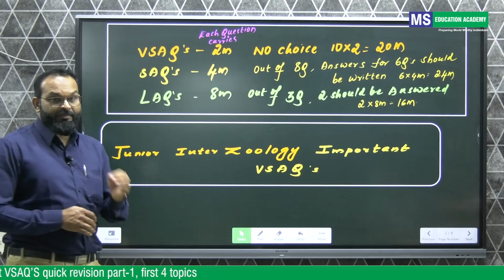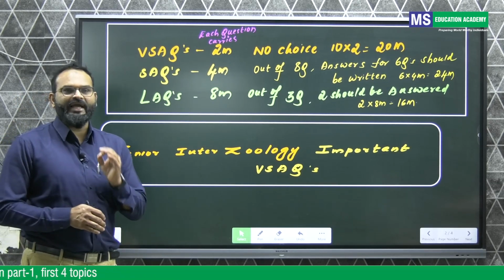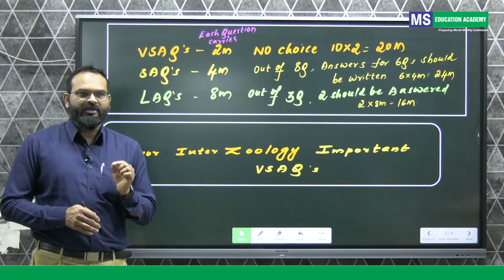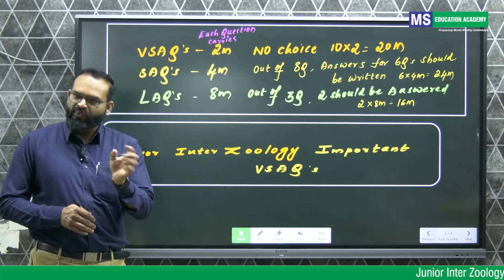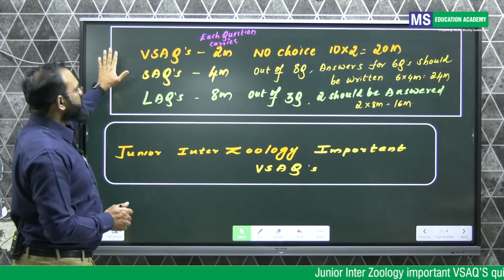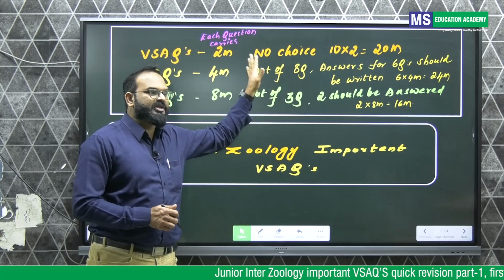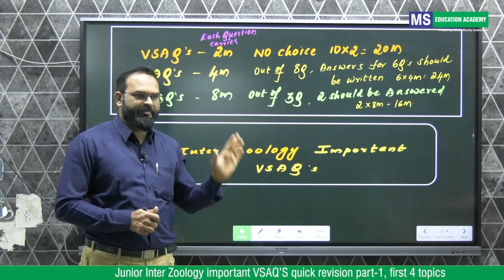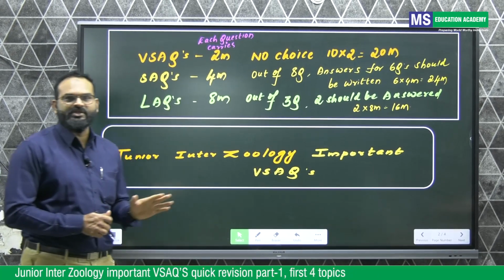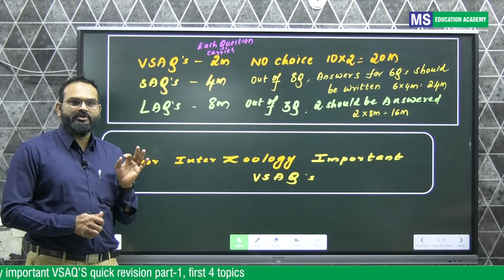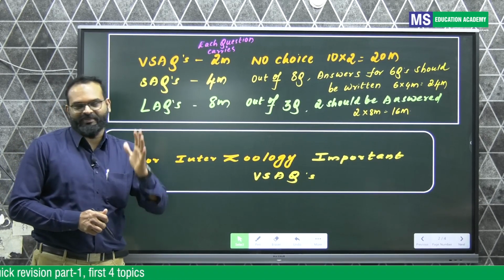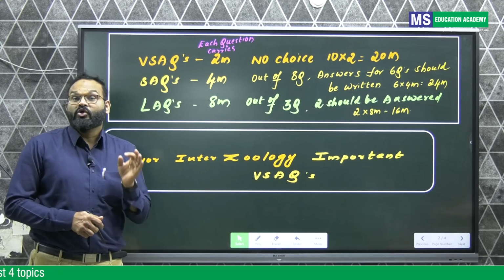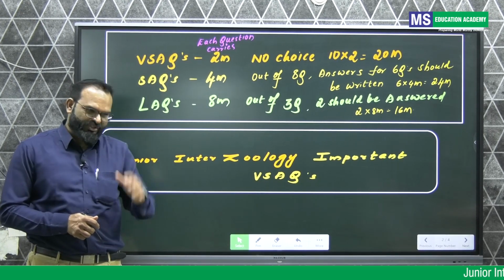But before that, students, I would like to enlighten you about the model paper quickly. Your Telangana State intermediate question paper for zoology consists of a total of 21 questions.